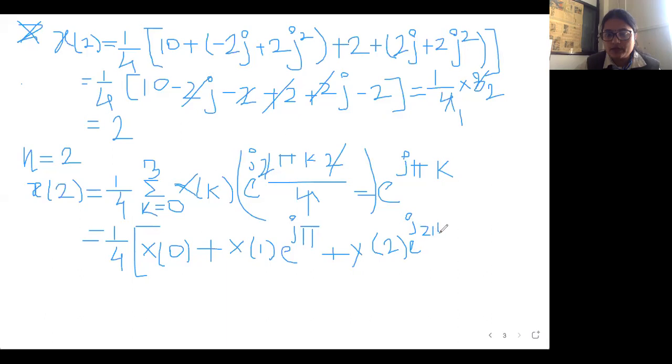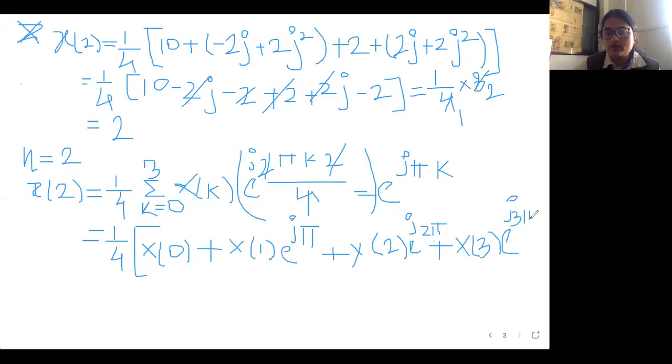And finally, by substituting k equal to 3, it becomes x of 3 multiplied by e raised to j 3 pi.